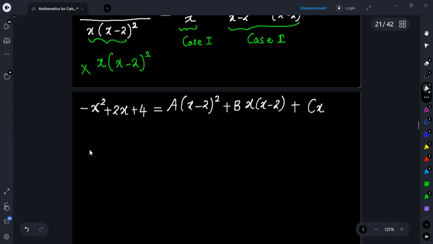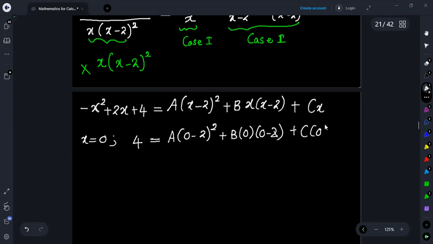So let's start with x equals 0. If we substitute x equals 0 in the left hand side, minus 0 squared is 0, plus 2 times 0 is again 0. So 4 is equal to A times (0 - 2)^2 plus B times 0 times (0 - 2) plus C times 0.